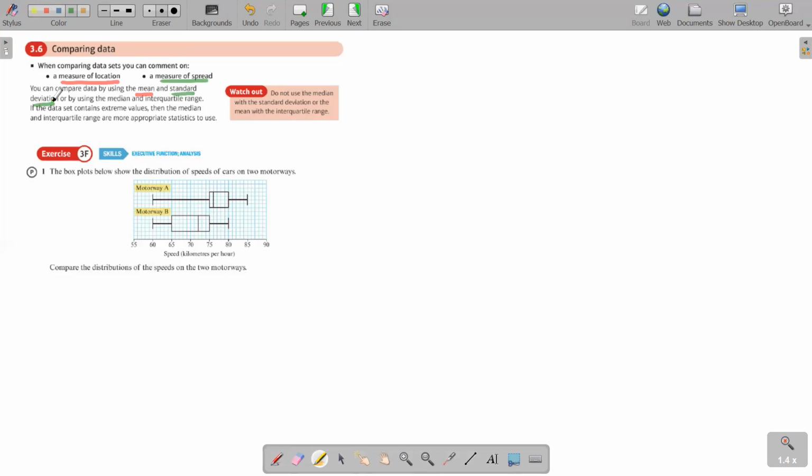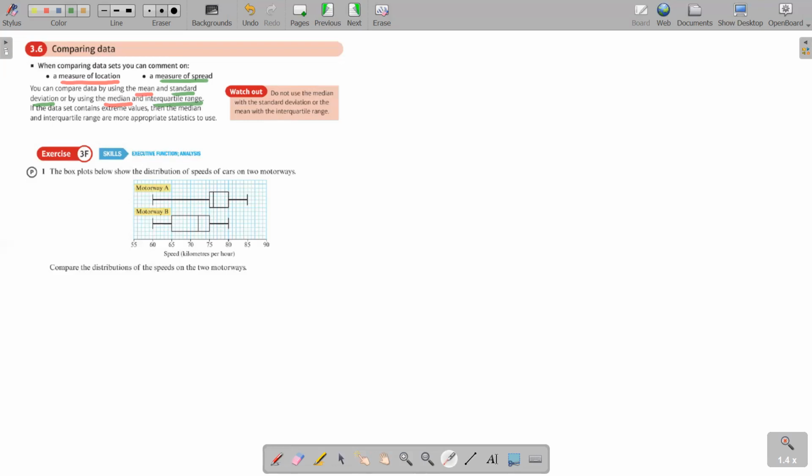Mean goes with standard deviation, and median goes with interquartile range. So if you take median for measure of location, don't use standard deviation with it, and if you are using mean, don't use interquartile range. Make sure you keep this in mind, and use the correct pairing when comparing data.